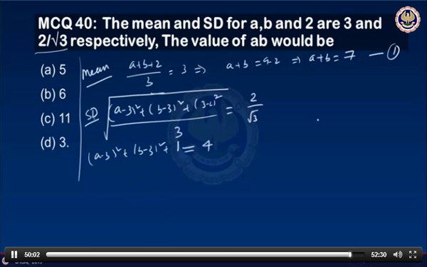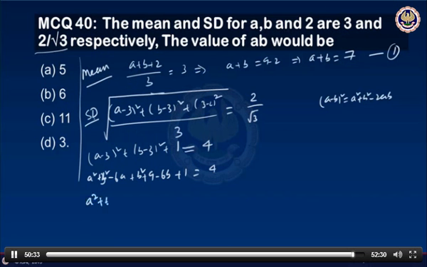And you know the formula a minus b whole square equals a square plus b square minus 2ab. We apply this formula here: a square minus 6a plus 9, plus b square minus 6b plus 9, plus 1, which is equal to 4.